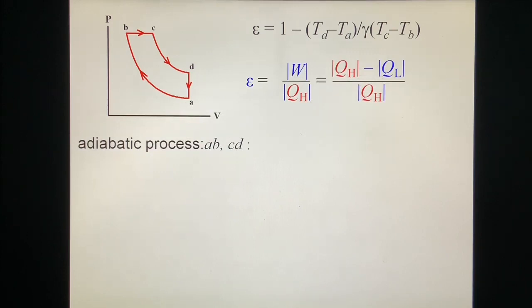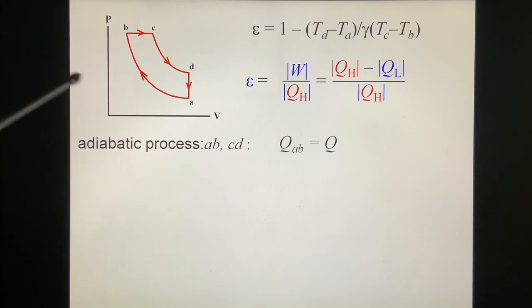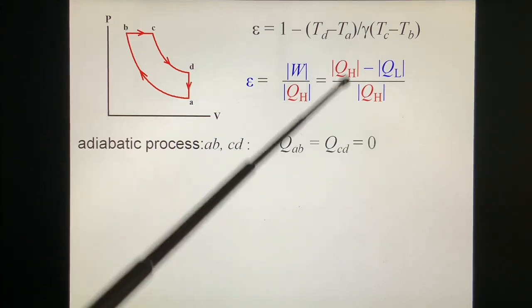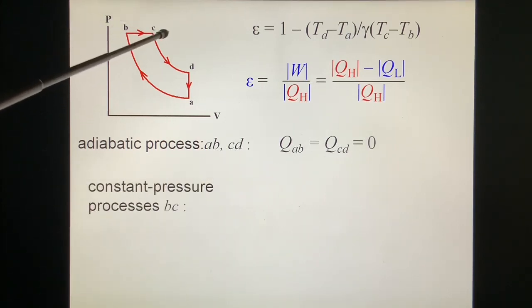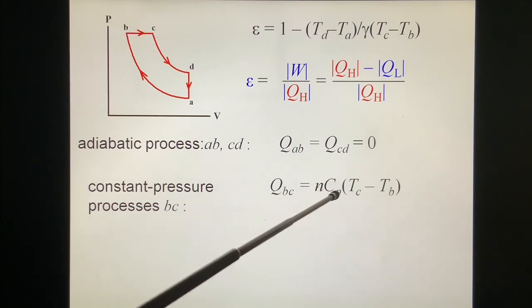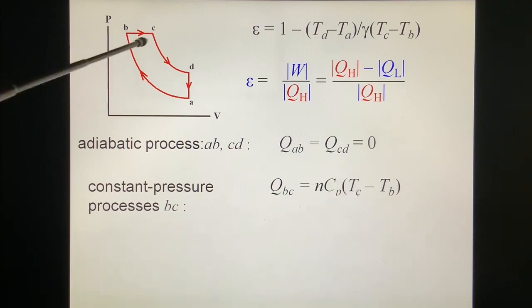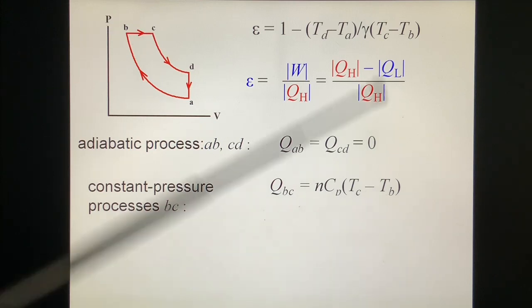Let's see the adiabatic processes AB and CD. Then we show that QAB and QCD are 0. Let's see the constant pressure process. QBC equals N CP delta T, which is TC minus the initial TB.